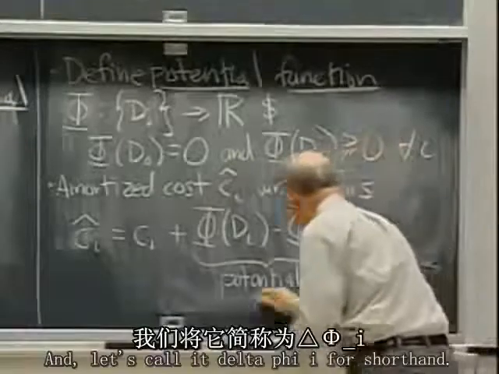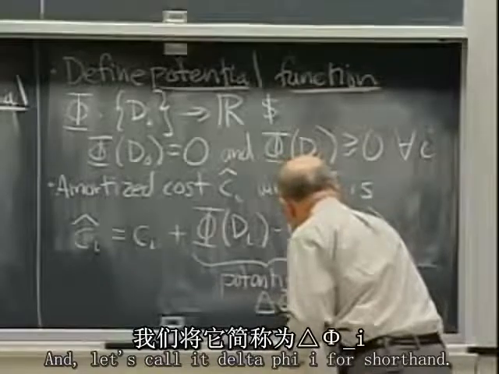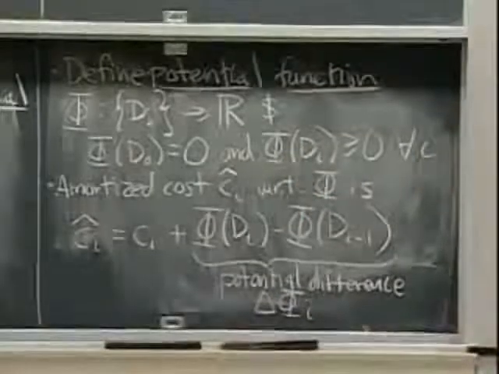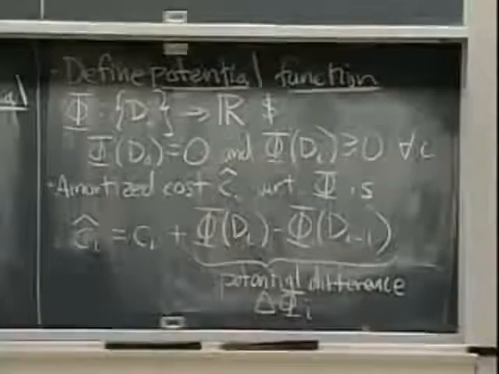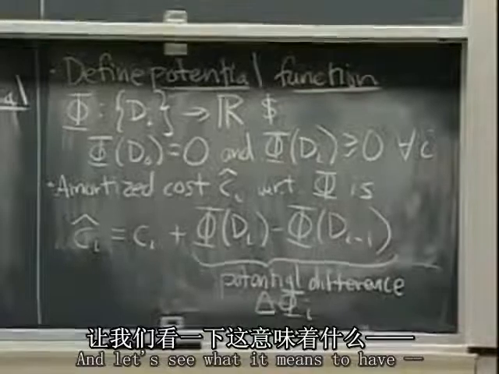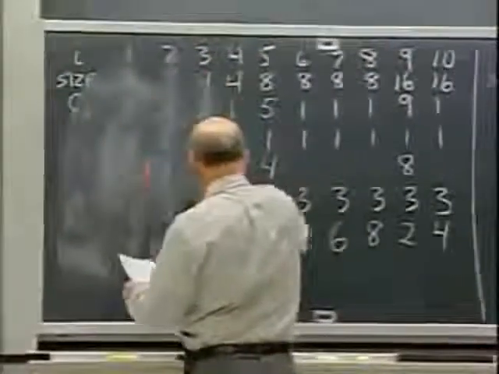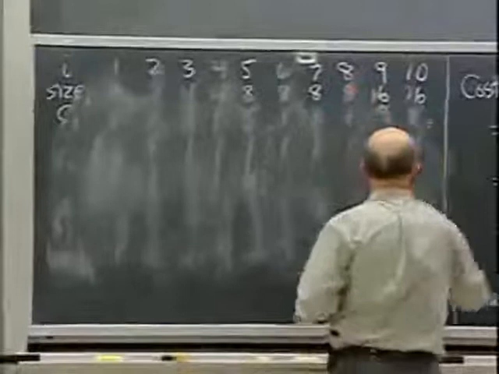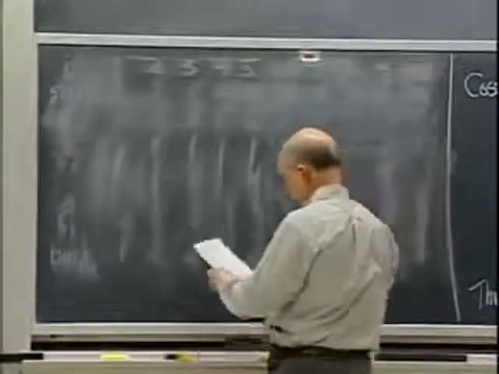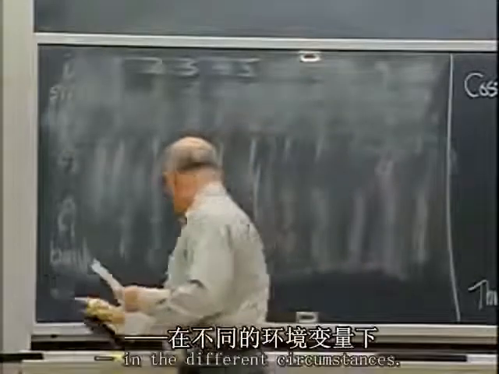And let's call it delta phi I for a shorthand. Okay? And let's see what it means to have this in the different circumstances.